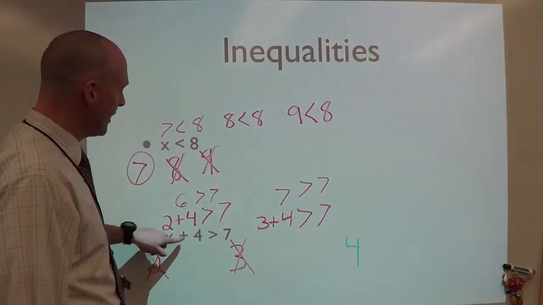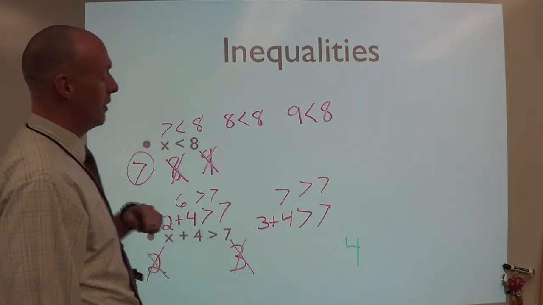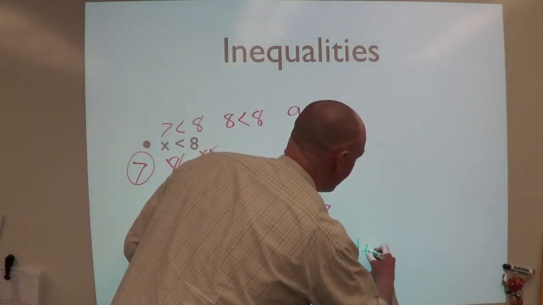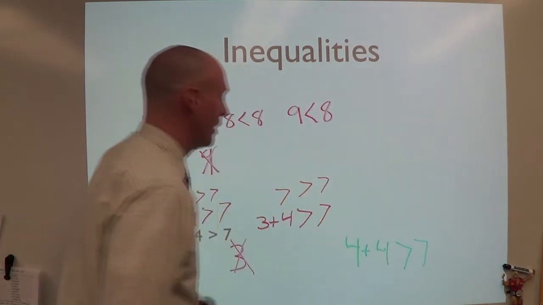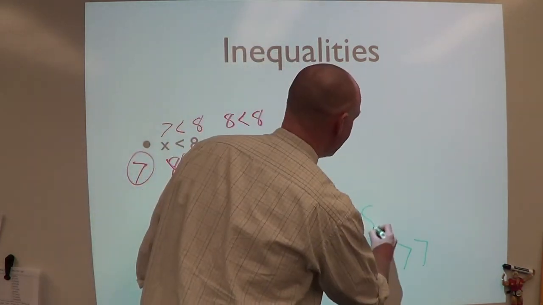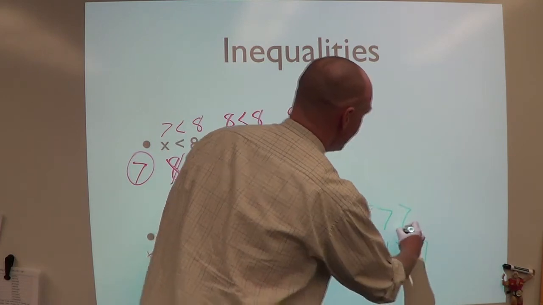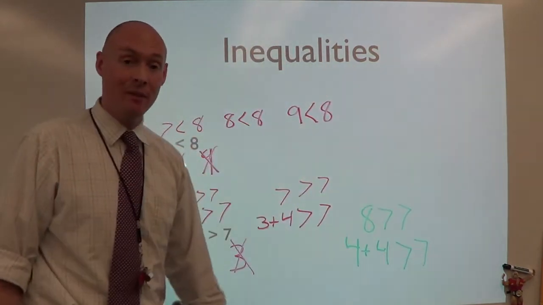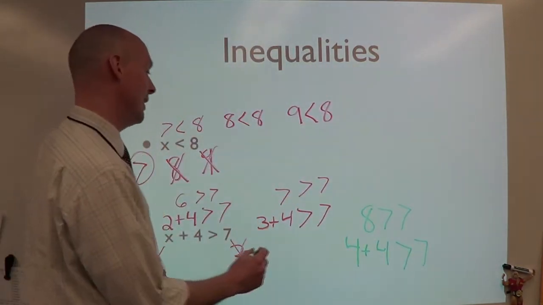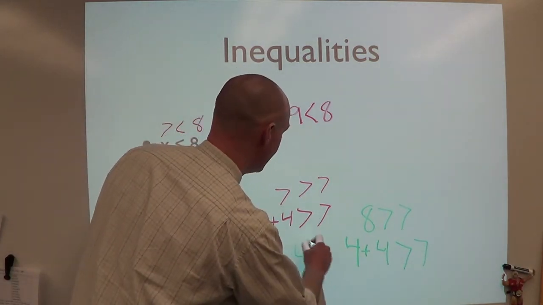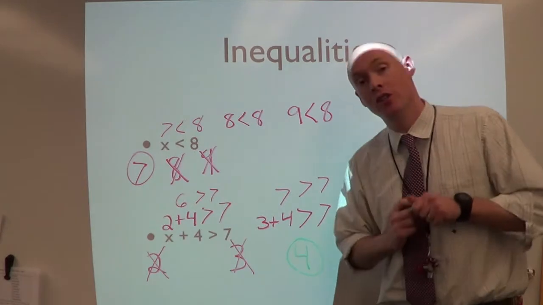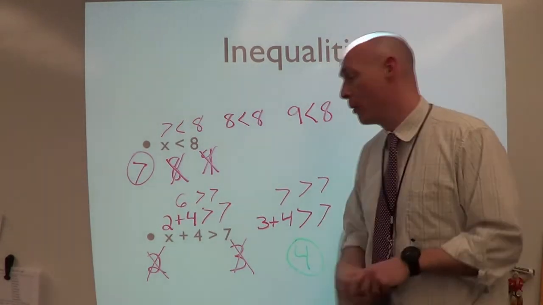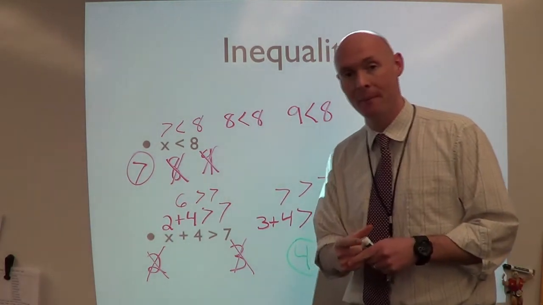So here I have x plus 4 is greater than 7. So 4 plus 4 is greater than 7. 4 plus 4 is 8. Is 8 greater than 7? Yes, it most certainly is. So 4 does work. On your note sheet, I want you to come up with a number on your own that works for this inequality.